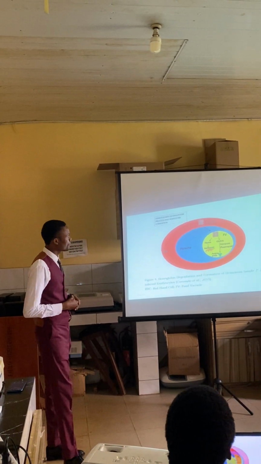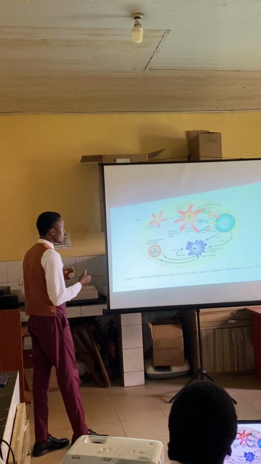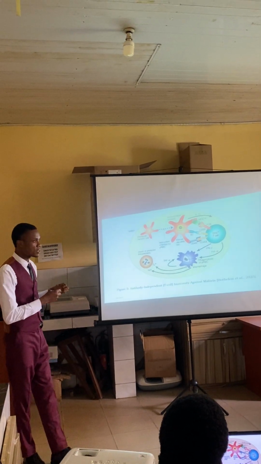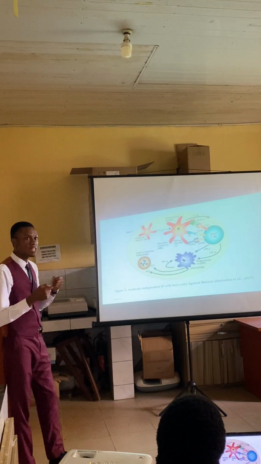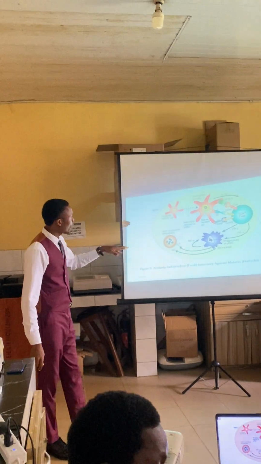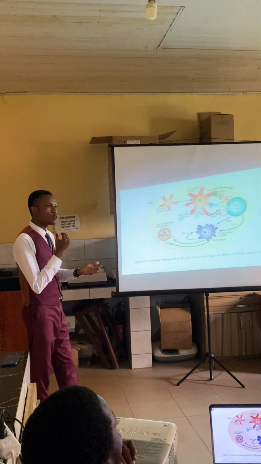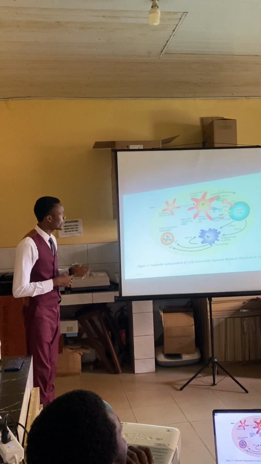The next slide shows when the infected red blood cell is phagocytosed in the spleen. You see that cytokines are released that attract antibodies and other cells in the body to help quickly destroy this infected red blood cell in the spleen. The next slide.